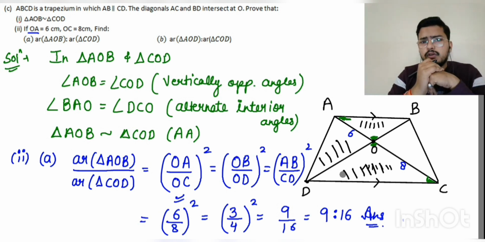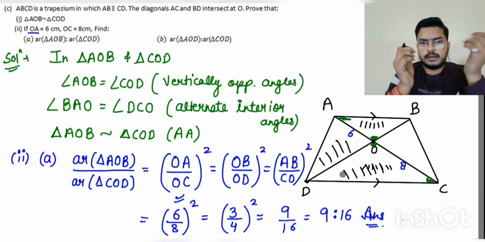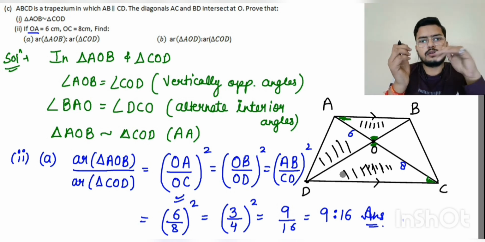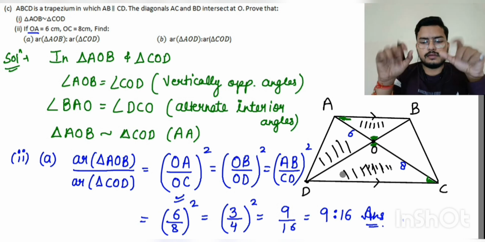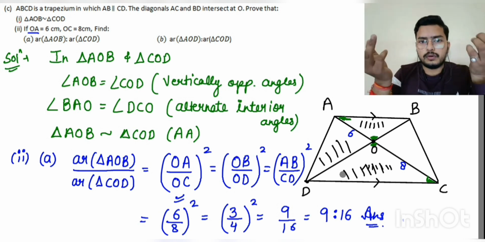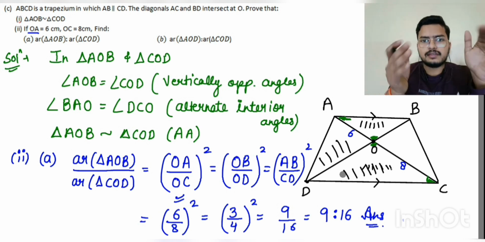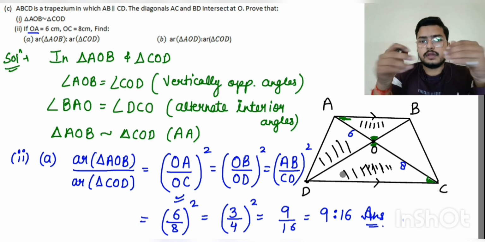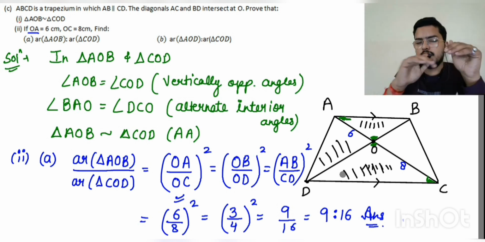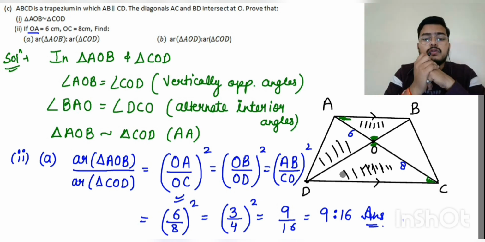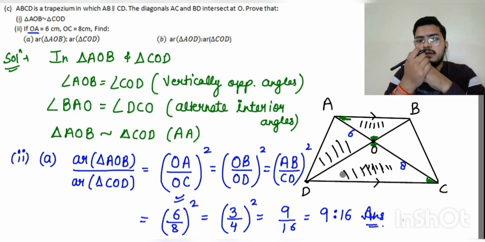We know one concept: whenever there are two triangles which have a common vertex and lie on the same base, then the ratio of their areas is equal to the ratio of their bases, right? So how can we judge that these triangles have a common vertex and are on the same base?